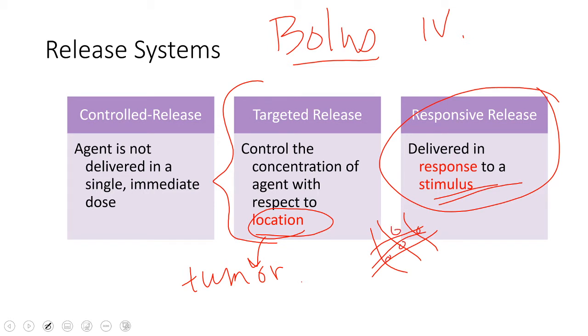They'll just be little circles for now. But there's also glucose oxidase. And you could have this hydrogel release insulin in the presence of glucose. That would be an example of a responsive release.